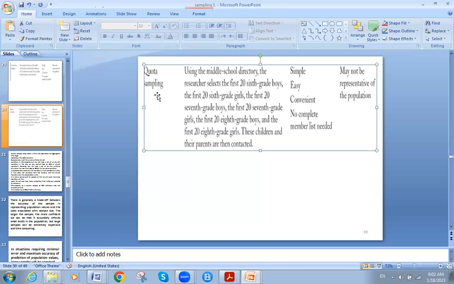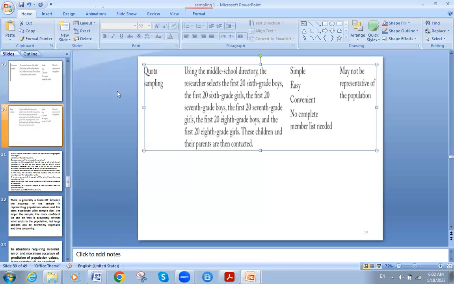Again, we'll say, using the middle school directory, the researcher selects first 20 students out of grade 6, boys, and 20 from grade 6. The first 7 grade, he will take boys, he will take 20, and he will take also from that grade 20 for the girls.